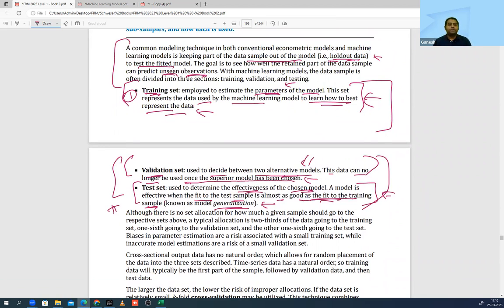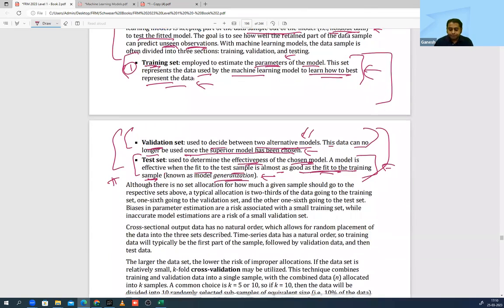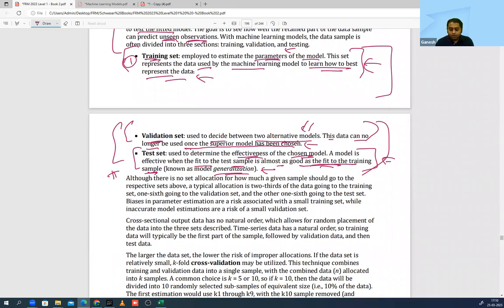Let us move forward. Now we are going to move into M-fold logic. Kuch M-fold karke kuch hai, but it is very simple. Don't worry. Okay. Now, although there is no set allocation for how much a given sample would go to the respective data above, a typical allocation of 2/3. ये जो दिख रहा है 2/3, 1/3. What is this?